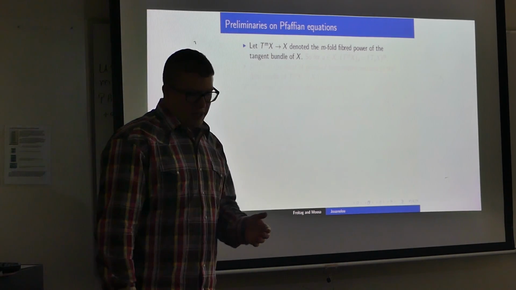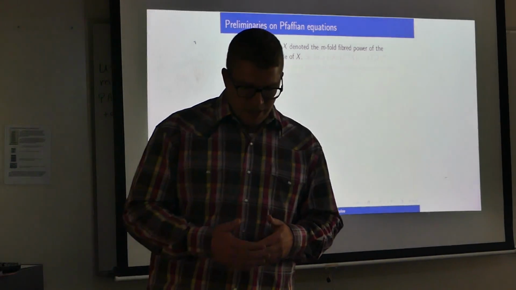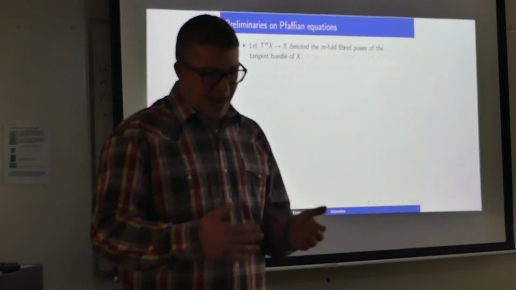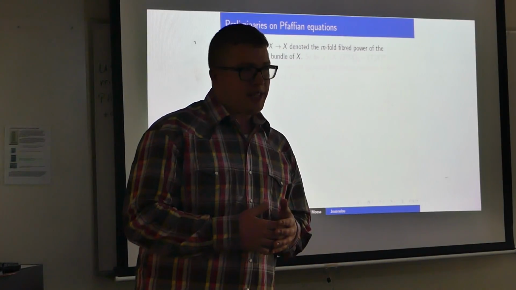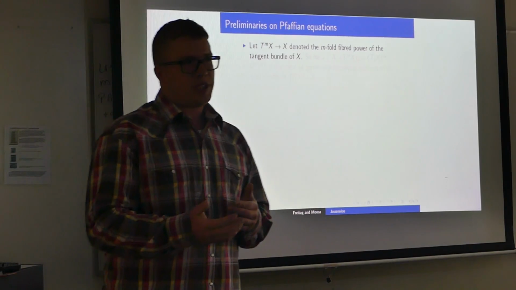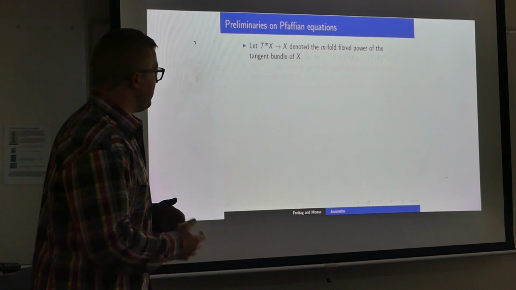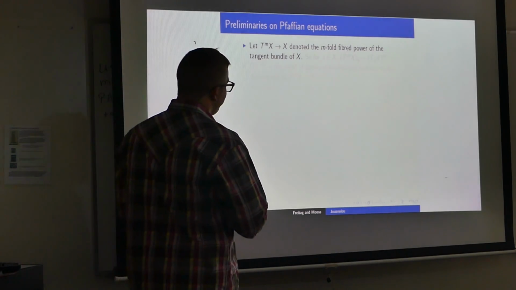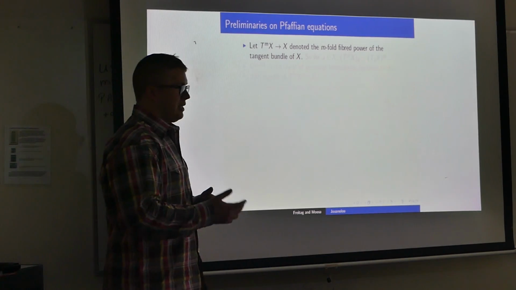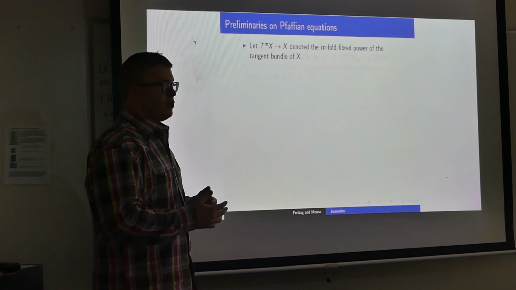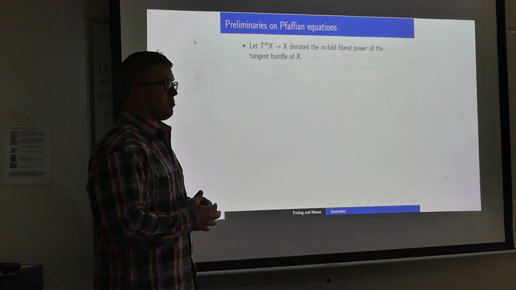And I want to explain what exactly you have to do in the case of partial derivatives to prove statements like the ones that I'm talking about, what sort of geometric work you have to do. And then I'll specialize to the ordinary case and give you some ideas about the proof.